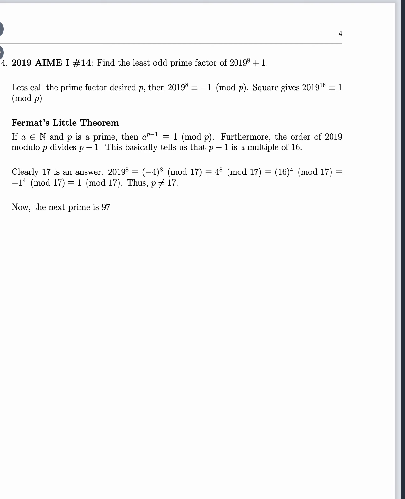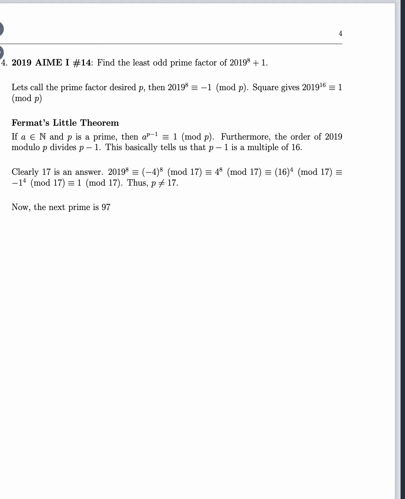So 79 mod 97 is like -18. This is just a lot of computation here.